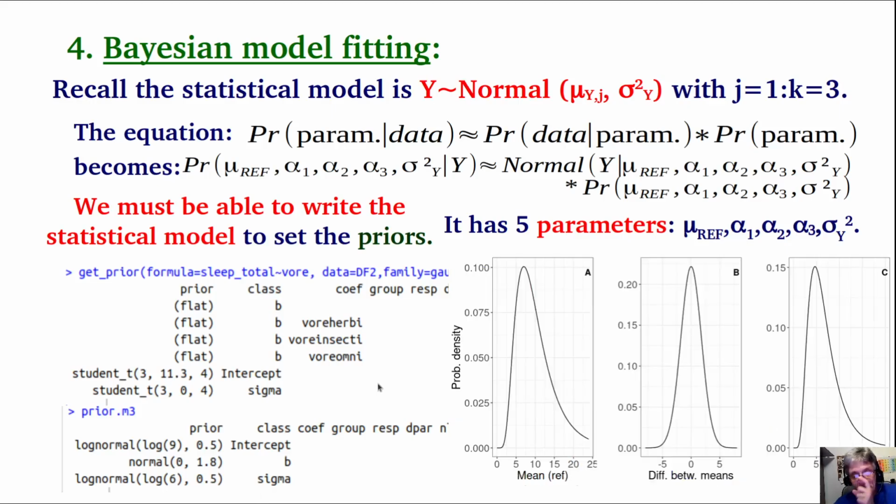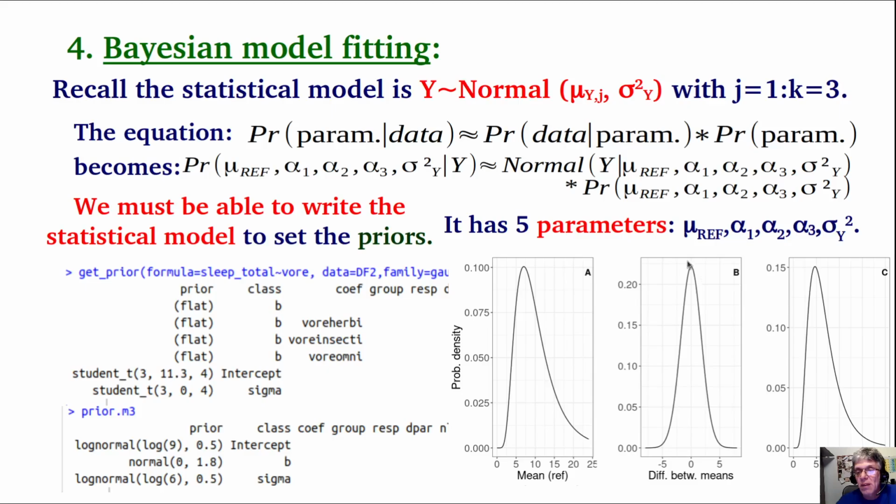This means that we expect the mean sleeping time, the most likely value of the daily sleeping time for the reference group, the carnivores, to be roughly 8 to 9 hours, and we expect longer sleeping times to be more likely than shorter sleeping times. This is what allows us to use the log normal distribution that typically has an asymmetric shape.